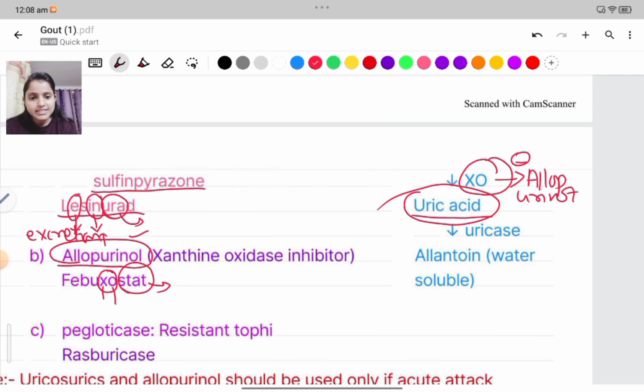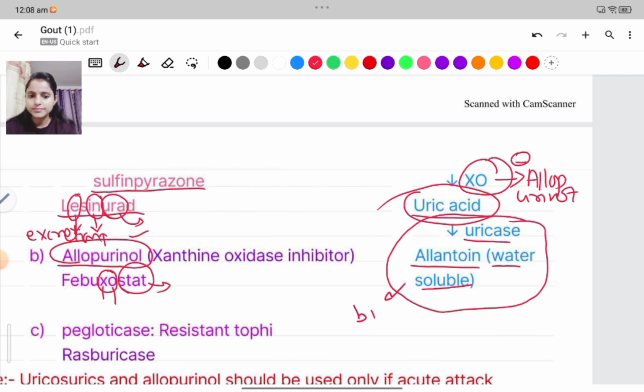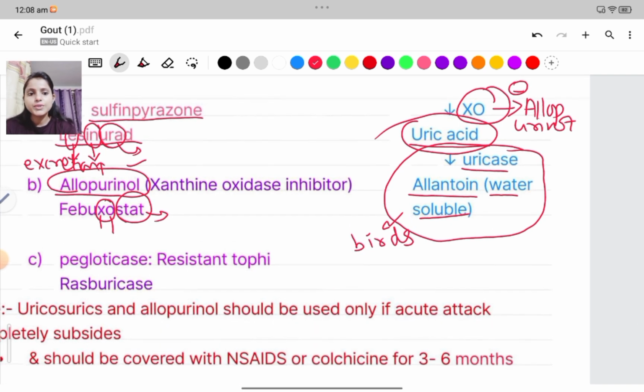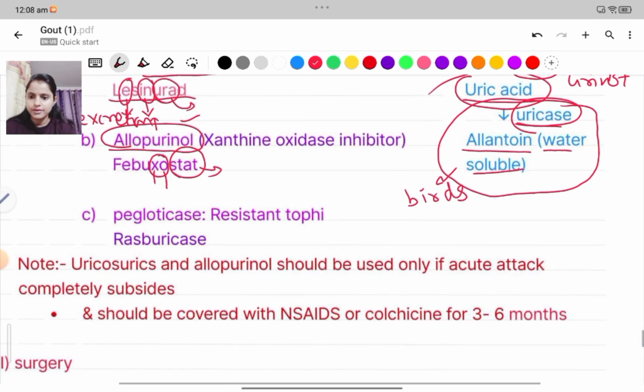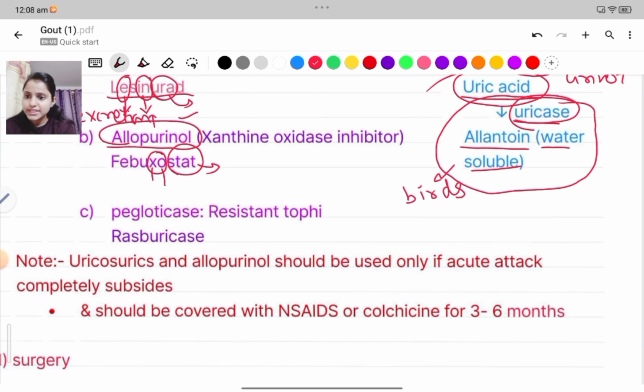After uric acid, there is formation of allantoin, which is water soluble, by the enzyme uricase, but this process is not found in human beings. This is only found in birds. So we can also give the uricase enzyme, and the drugs containing uricase enzyme are rasburicase and pegloticase.